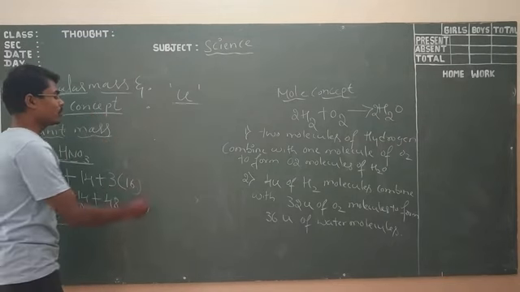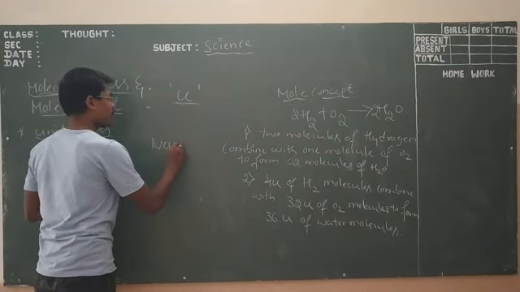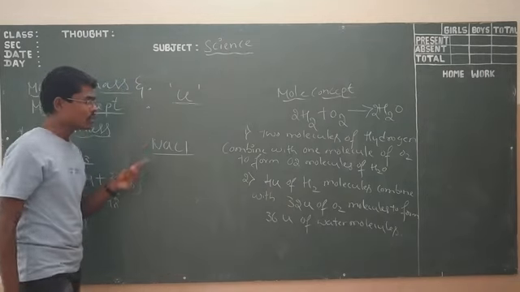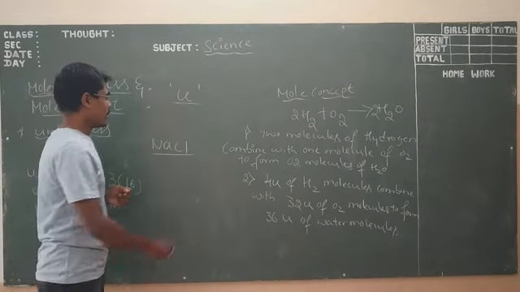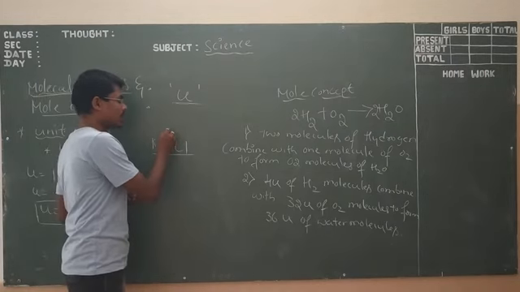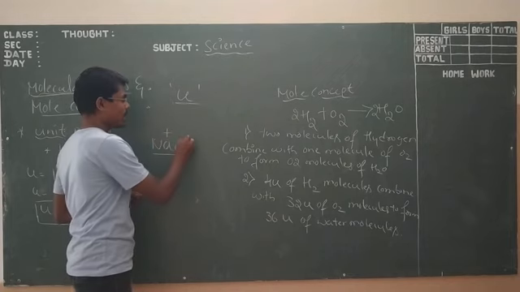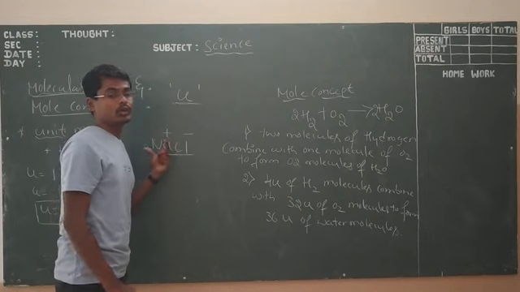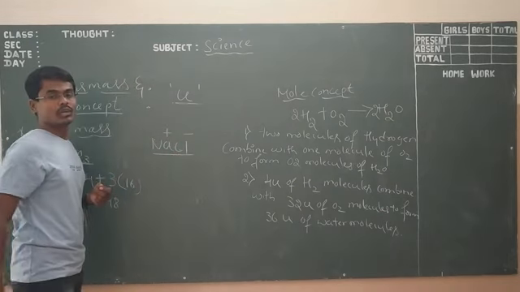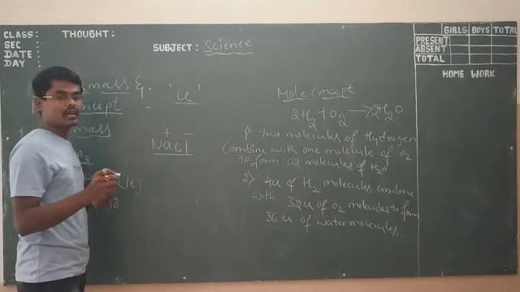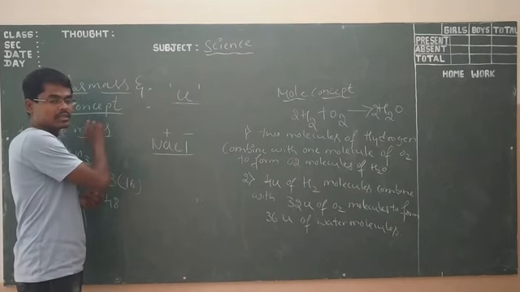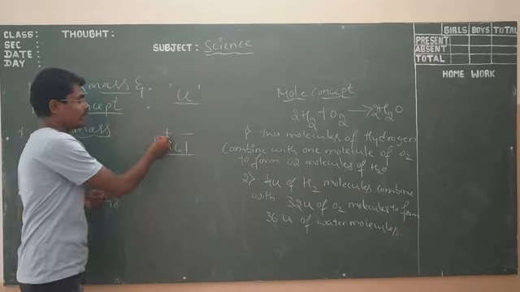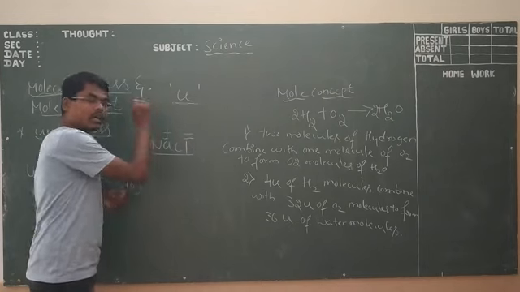For example, I am going to take a chemical called NaCl, sodium chloride. We know that sodium is a positively charged ion and chlorine is the negatively charged ion. I am going to calculate the unit mass of this sodium chloride, because the difference between the molecular mass and the unit mass is that ions are present in that particular compound.